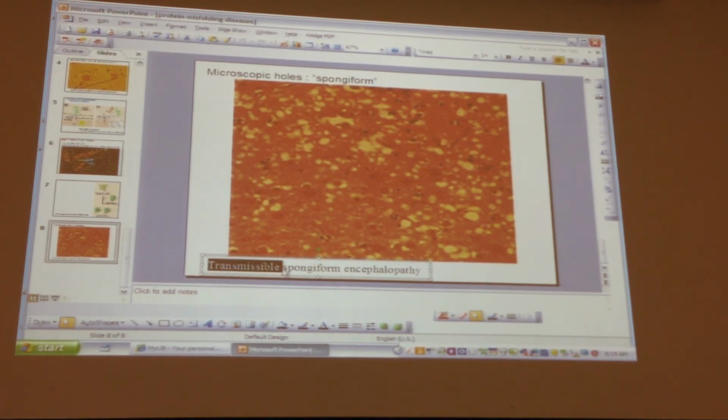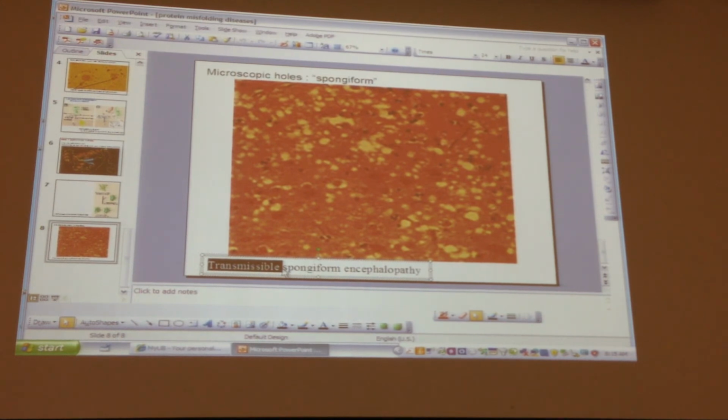Instead of just throwing away the materials, there's protein in the brain. Just grind that up and then use it as cattle feed for other cows. And it was that aspect of feeding the brain tissue of a diseased cow to a healthy cow that would cause this disease to spread within the farms.